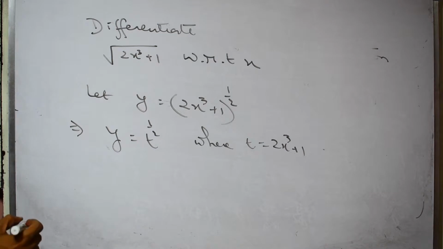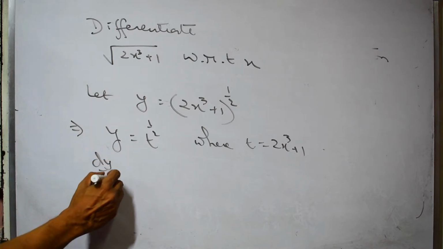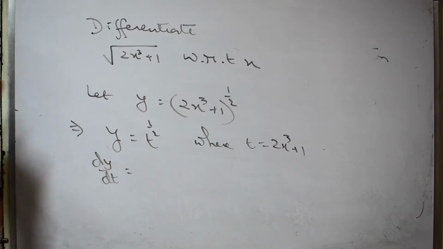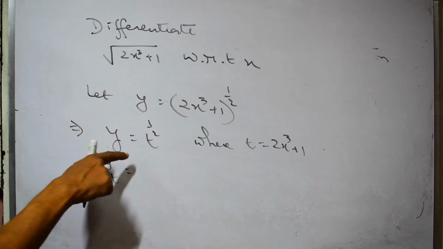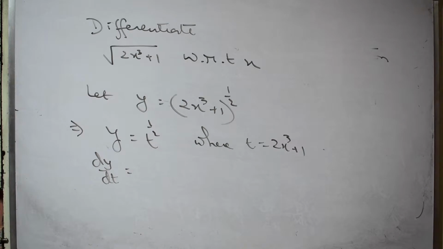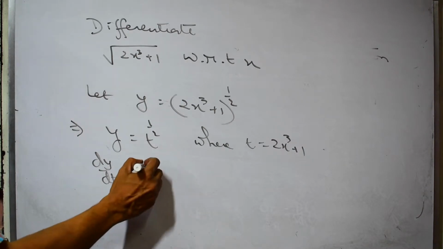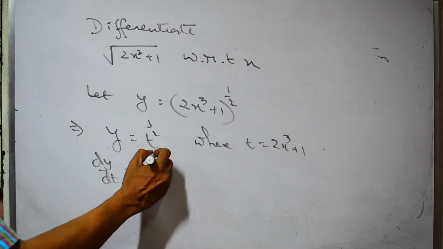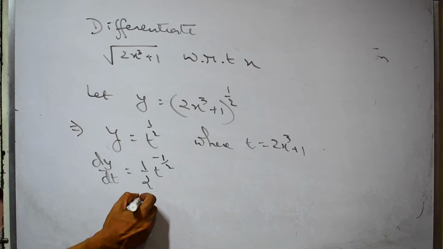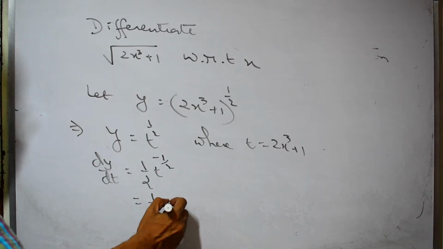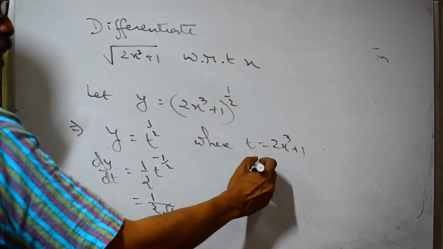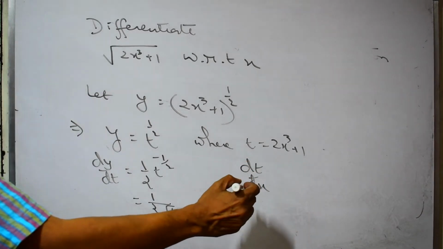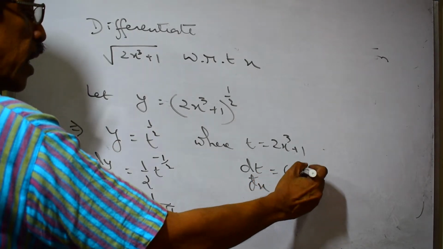Therefore we will differentiate dy/dt, not dy/dx directly, because y is not linked to x in this case, because we have assumed this portion, 2x cube plus 1, as t. So it will be half t to the power half minus 1, which is minus half, which is 1 by 2 root t, because t to the power minus half is root t in the denominator. And in the other part, dt/dx will be 6x square.